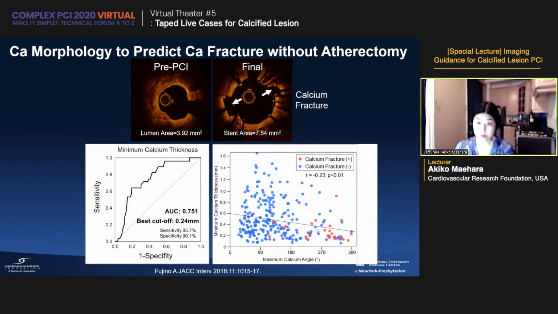So for the prediction of the calcium fracture, the most important factor is the thinnest calcium. If that is thicker than 0.5 millimeter, most likely you will not get the calcium fracture even if you do only the balloon and stent. So you need something more.